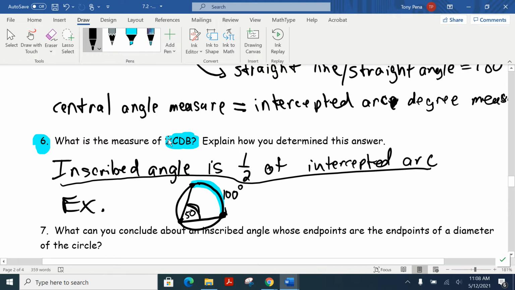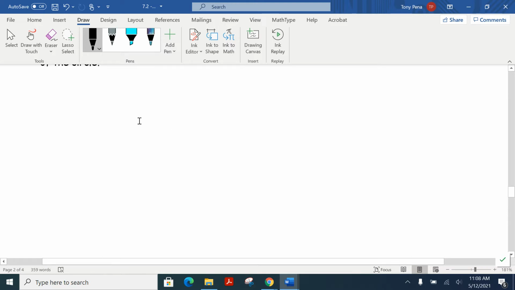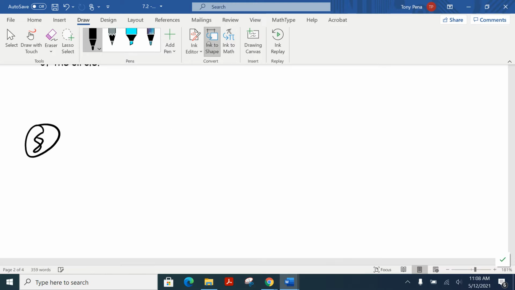All right, so I'm just going to add 2 or 3 here just so we understand this. So add a number 8. I'm going to use my fancy ink to shape that I forgot about. So let me draw my circle. And then let's draw in a problem that looks like this.